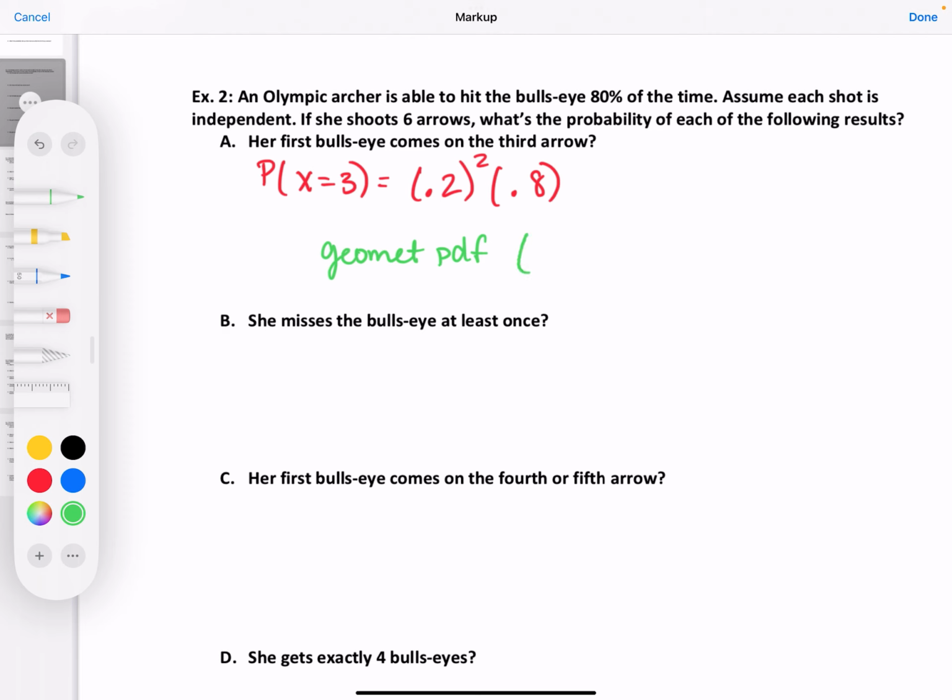So geometric PDF of the success, which is 0.8, and 3 for the one that she makes. And so then you can run that. 0.032.